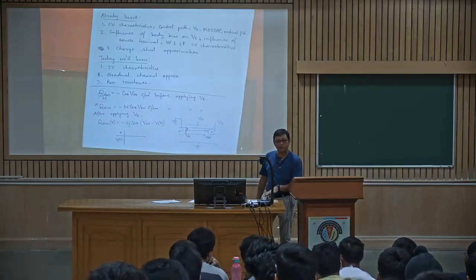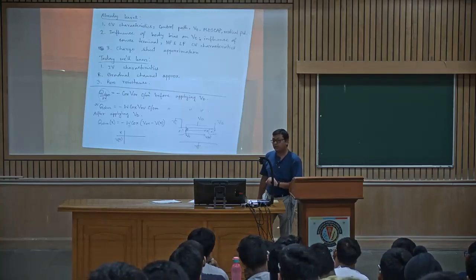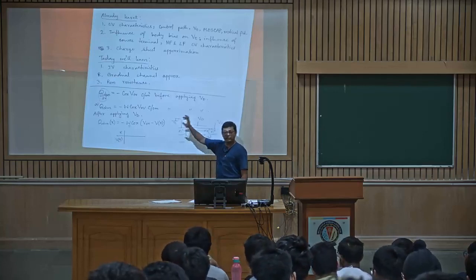So in the derivation which we are going to do, just a two-line derivation, you will see that in this understanding, it is independent of the value of Vs. The body is shorted to the source.